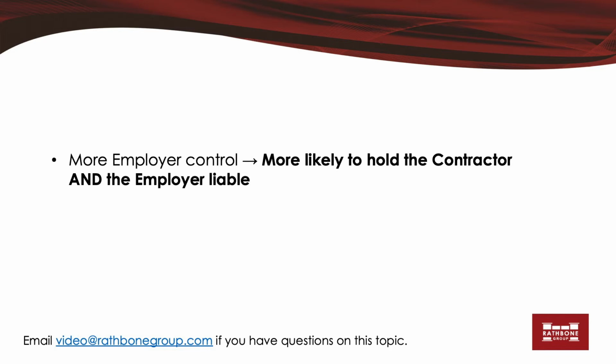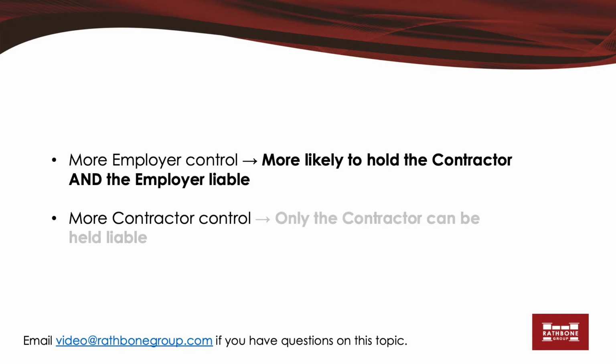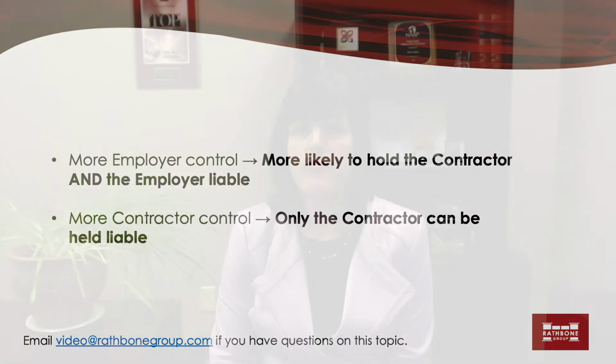And the more likely it is that the independent contractor has control over the job, the relationship, anything involved in the transaction with the insured, the more likely that they're going to only be able to hold the independent contractor liable and not also be able to bring in the employer. So when you're investigating claims or when you're litigating a subrogation case, it's important to fight to get these details. So they aren't always readily available. And if they aren't favorable, they're sure not going to want to turn them over to you.